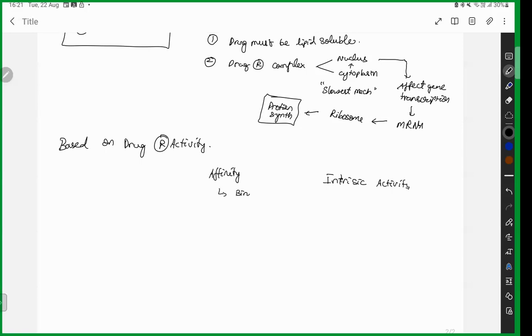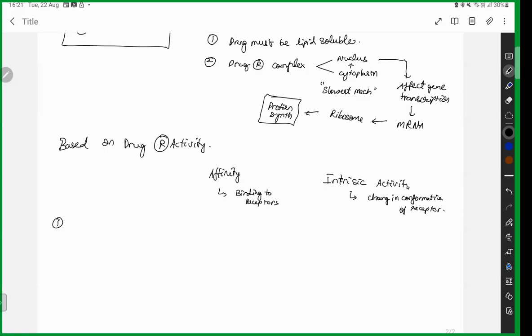Affinity is the ability to bind with receptors. Intrinsic activity is the change in the conformation of the receptor.